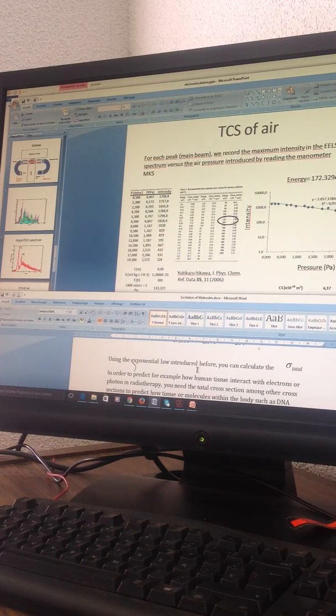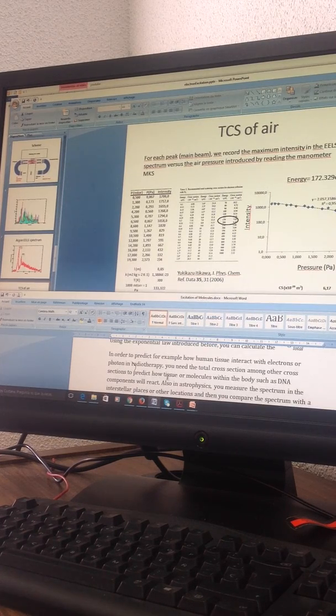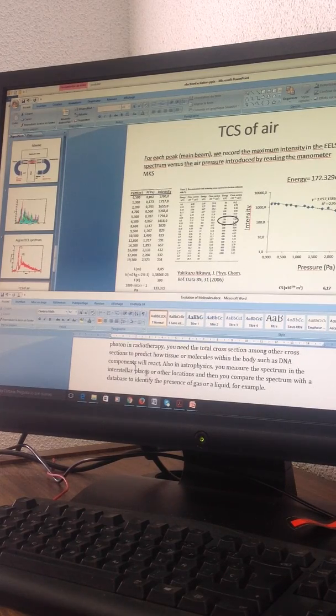And now the question is, why is it important to use this total cross section? In order to predict, for example, how human tissue interacts with electrons or photons in radiotherapy, you need the total cross section among other cross sections to predict how tissues or molecules within the body, like DNA components, will react. Also, in astrophysics, you measure the spectrum in interstellar space or other locations, and then you compare this electron energy spectrum with a database to identify the presence of a gas or a specific liquid.